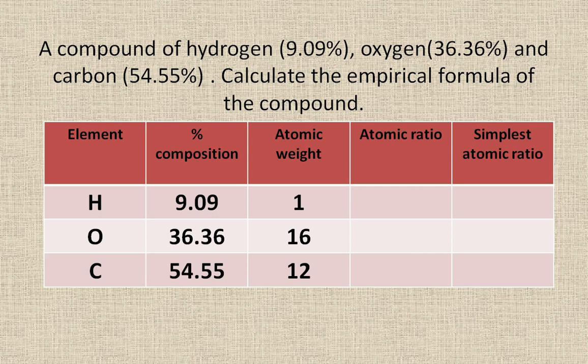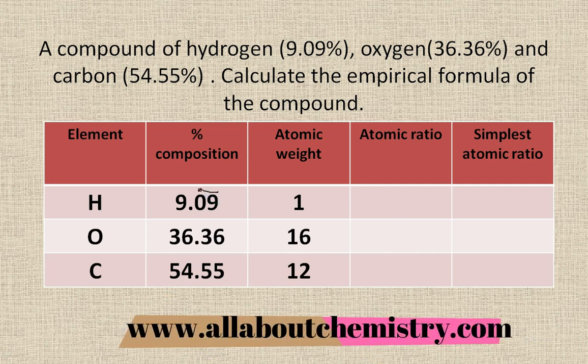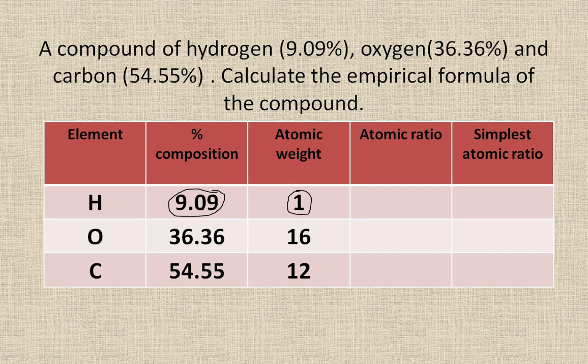Now moving to the atomic ratio. In order to find this atomic ratio, we will divide the percentage composition of the individual element by their respective atomic weight. That is, we'll divide 9.09 by 1 to obtain the atomic ratio 9.09. 36.36 divided by 16 will give 2.27, and 54.55 divided by 12 will give 4.54.